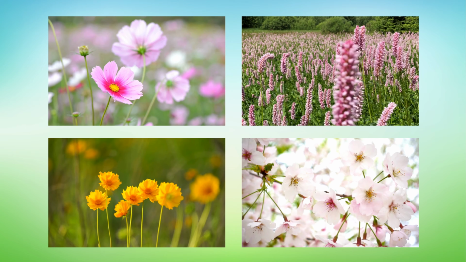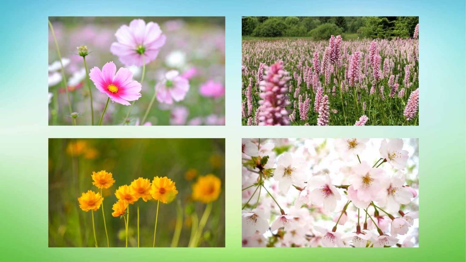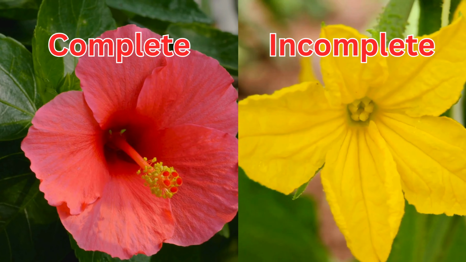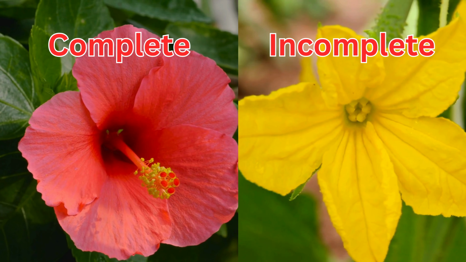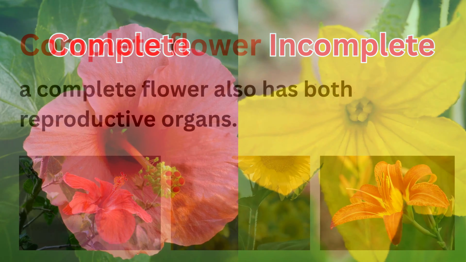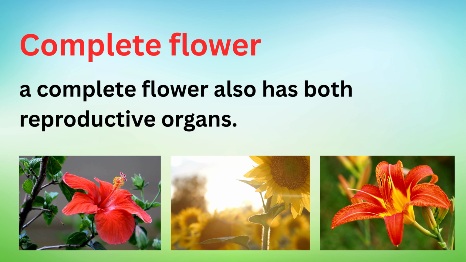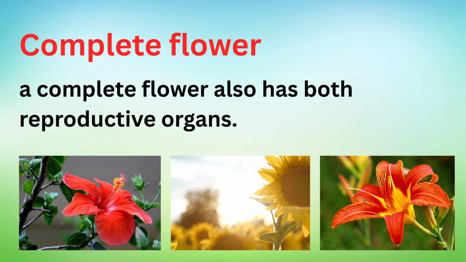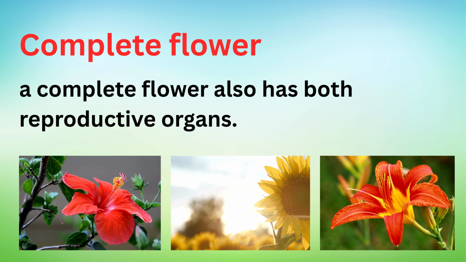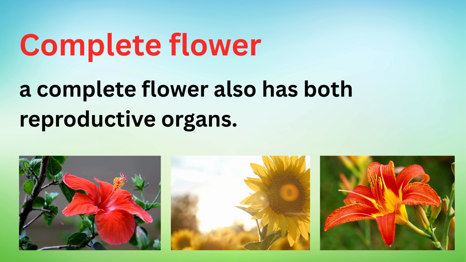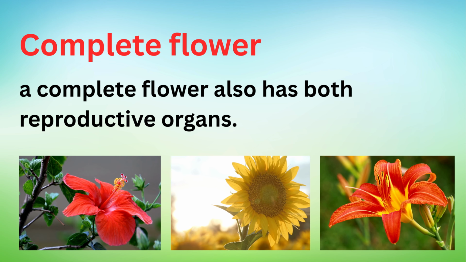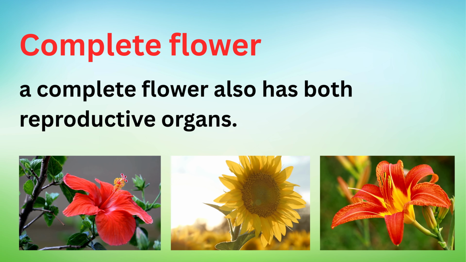Not all flowers are the same. Some are called complete flowers and some are incomplete flowers. A complete flower has all four main parts, petals, sepals, stamen, and pistil. Examples are gumamela, sunflower, and lily.